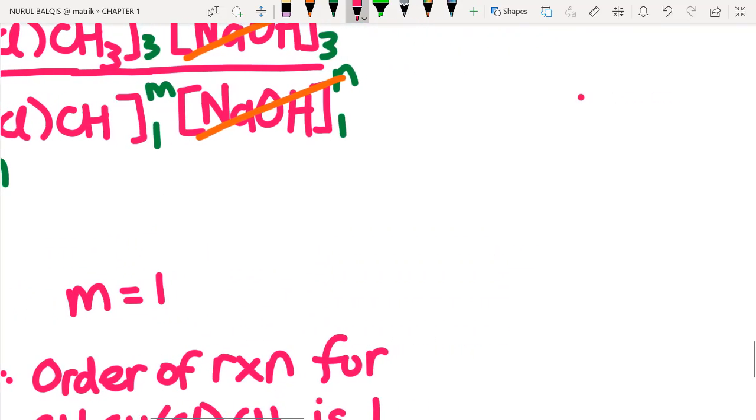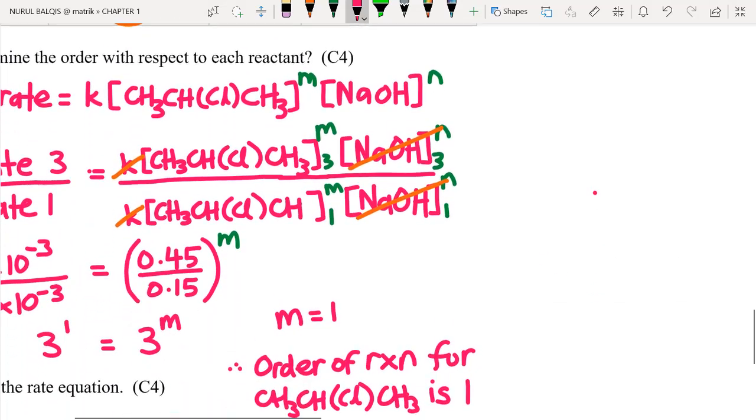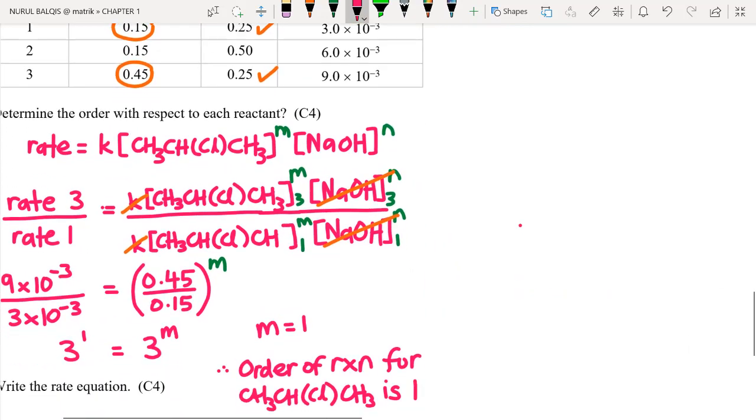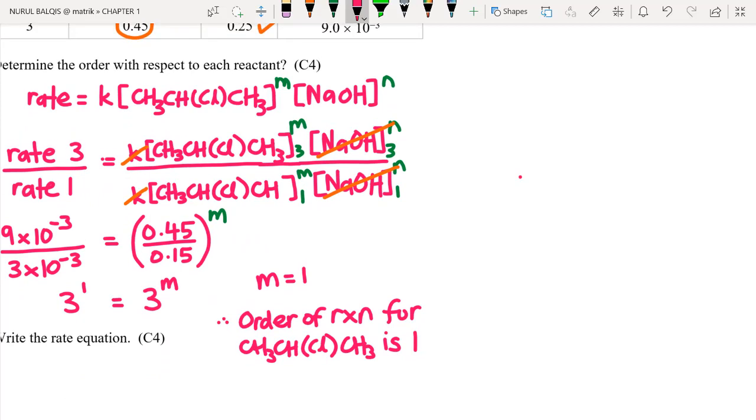M. Okay, we're going to use the same method, the same procedure, in finding the order of reaction for sodium hydroxide. So we're going to put another divider here so we could find this one.